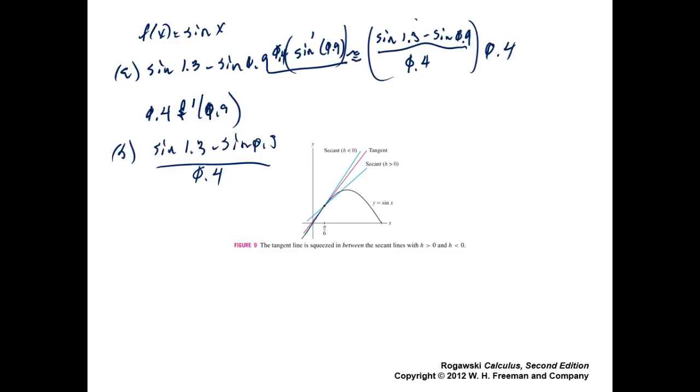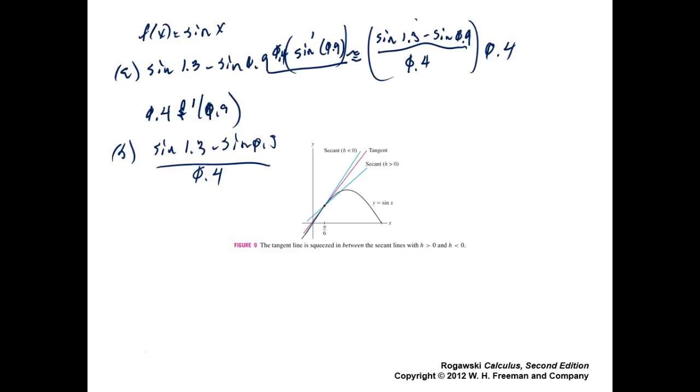That would be basically a different points on the graph here, that would be the slope of your secant line between these 2 points, right? This is the difference in y over difference in x. That's the slope of the secant line. You see it? Okay. That better be what they have in the back. If not, I'm going to scream. The slope of the secant line between 0.9 sine 0.9 and 1.3 sine 1.3.